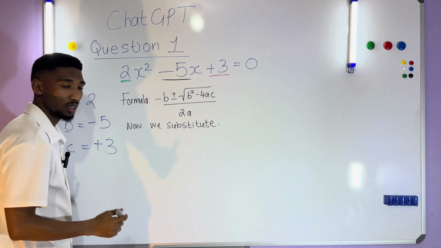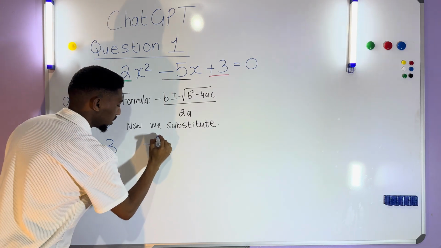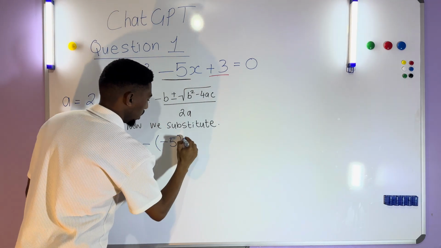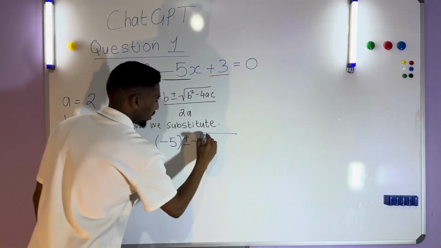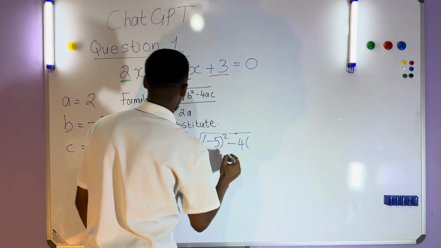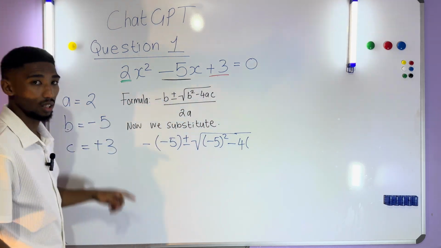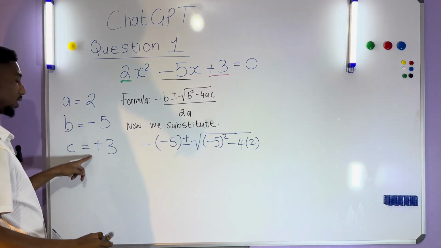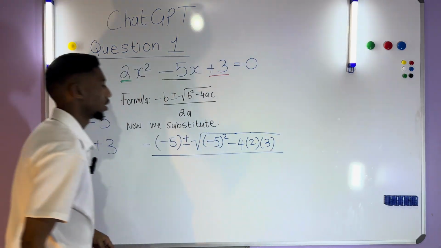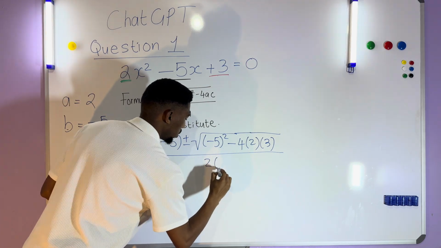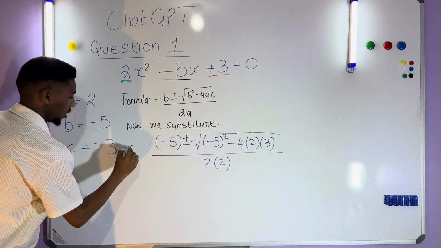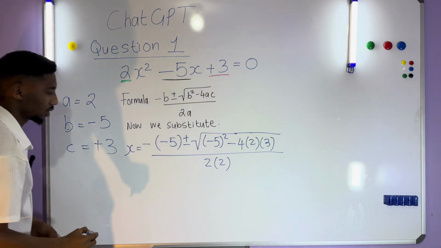For example, when we are substituting into the quadratic formula, we have minus, open brackets, negative 5, which is our b value, plus minus square root, we have negative 5 again, squared, minus 4, we are substituting a in there, a is 2, and c is 3, all of that over 2 brackets, a is 2 as well, and we know that x is equal to that. Okay, and we have two possible answers.